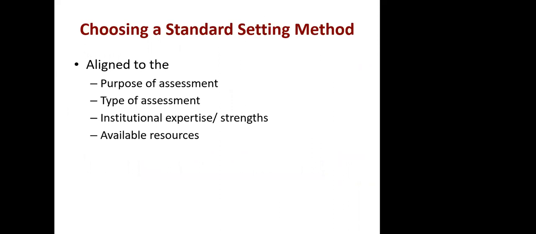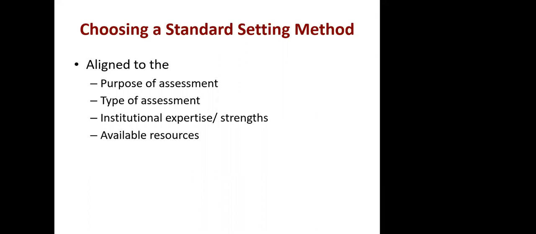So we have talked about the various methods. We have talked about student-centered methods and exam-centered methods. However, how can one select a standard setting method for their own programs, courses, or institutions? Keep these 4 factors in account.